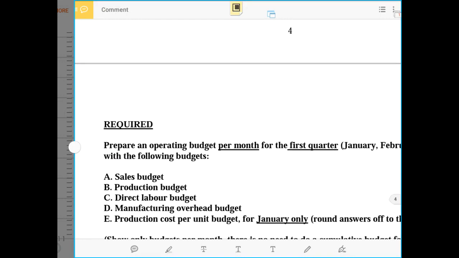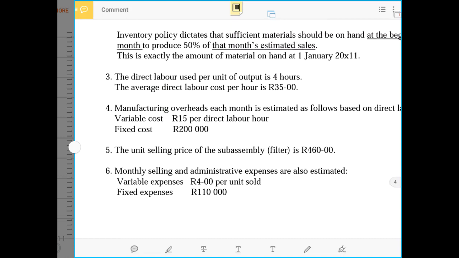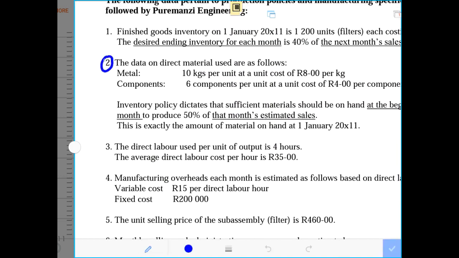Thank you, student. Once again, I am continuing with the same question, but now I'm doing part 2, which is the material part of this question. It was not required, but I highlighted that this is very important for your understanding.